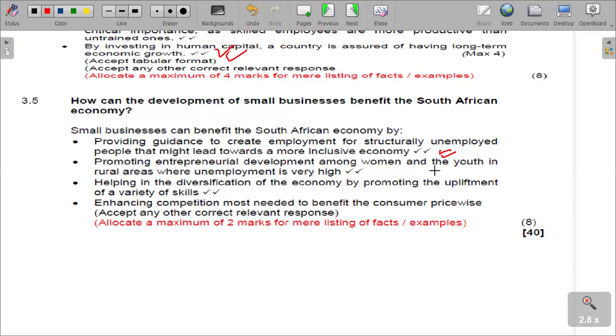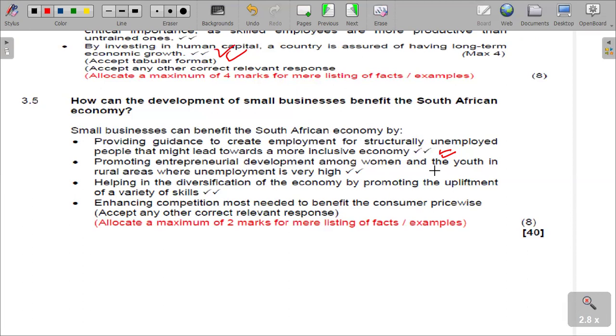Helping in the diversification of the economy by promoting the upliftment of a variety of skills, which I already alluded to. And then enhancing competition, most needed to benefit the consumer price-wise.